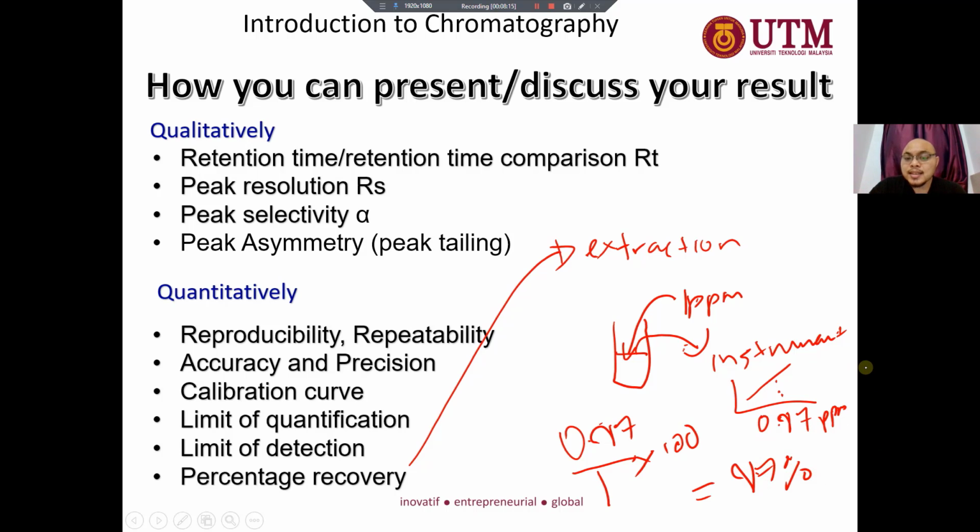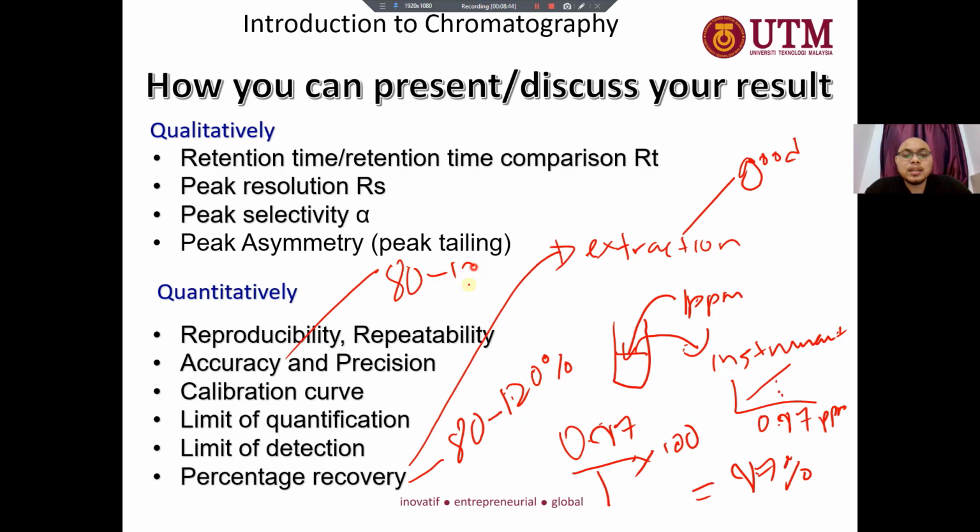So percentage recovery is the one that you extract from the sample, or from the simulated sample, to test if your method of extraction is good enough or not. For percentage recovery to be accepted, it needs to be between 80 to 120%. Accuracy and precision also between 80 to 120%.